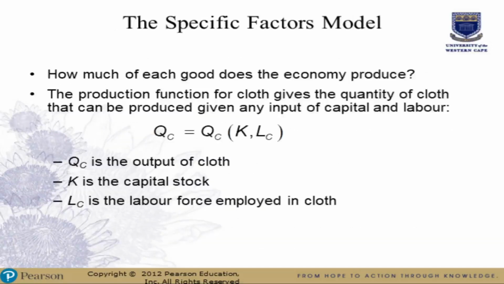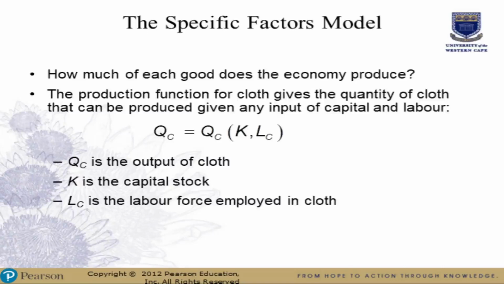Based on these assumptions, the economy's production of a good largely depends on the capital and labor that is used in that sector. This relationship is outlined by a production function, which shows the quantity of a good that can be produced given any input of capital and labor. For example, the production function of cloth shows the quantity of cloth that can be produced given a combination of capital and labor.